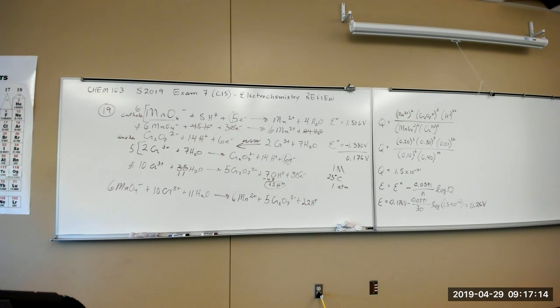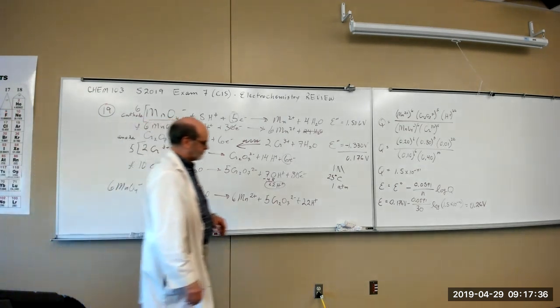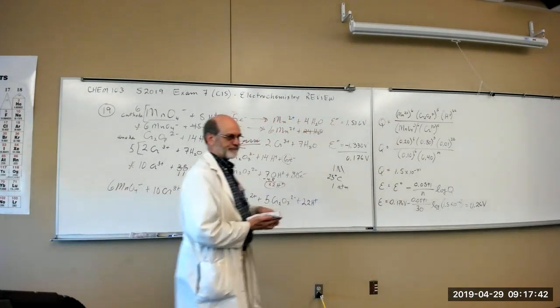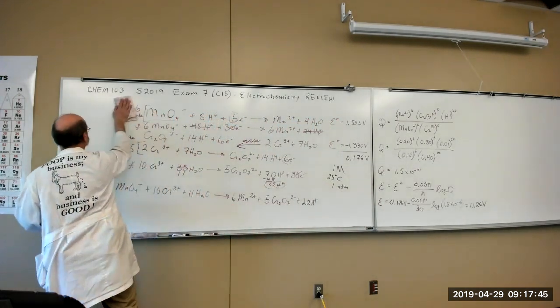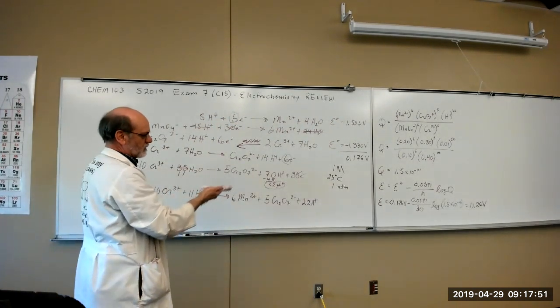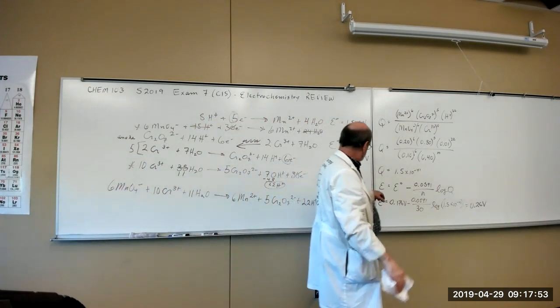So that 0.591 incorporates transitioning from natural log to common log, the temperature, the universal gas constant, and Faraday constant. They're all buried in that 0.591. This is the one you're ever going to need anyway. So that's the Nernst equation now, right there, E equals. How would you read that correctly?